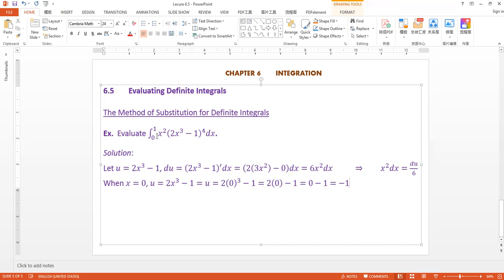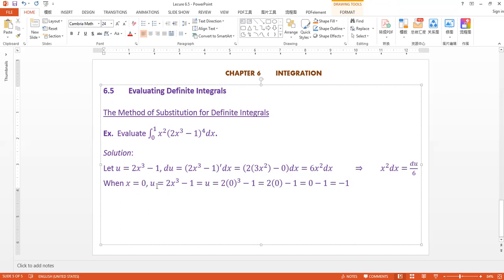That's why we need the value of u for the lower and upper limits of integration. Because u is the new variable, the new integral will involve only u, so the limits of integration have to be values of u.